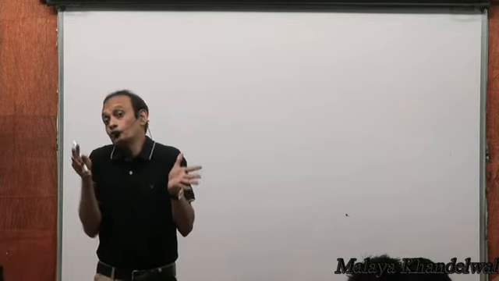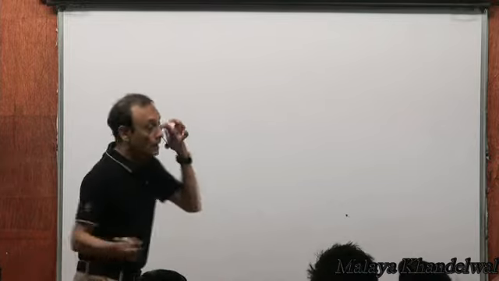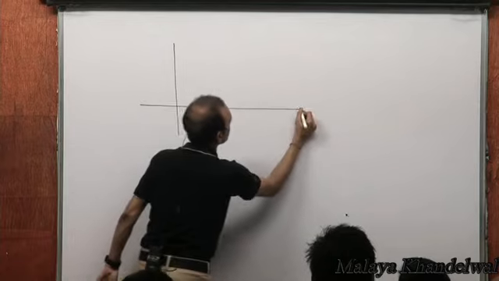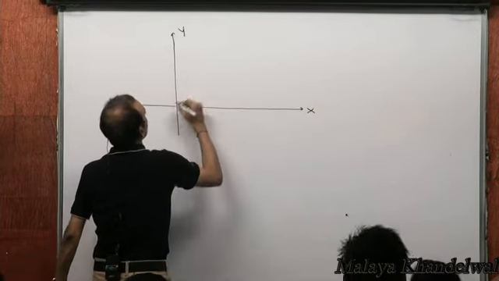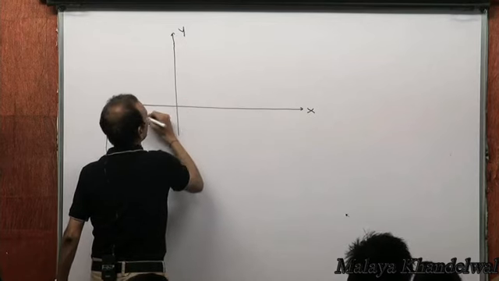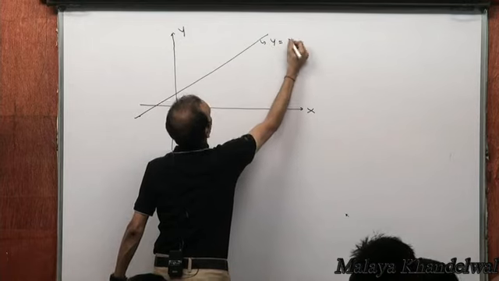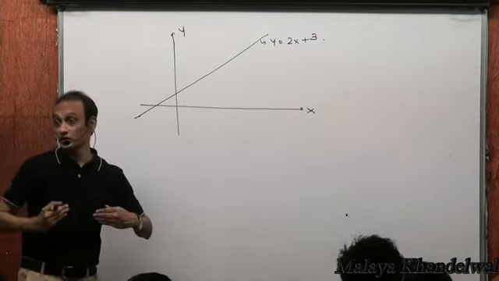That straight line could be the x-axis, could be the y-axis, or could be any other line. Say, for example, a particle could be moving in the xy plane. This is the trajectory of a particle moving in the xy plane. Say y equal to 2x plus 3 is the trajectory of a particle, which is a straight line.